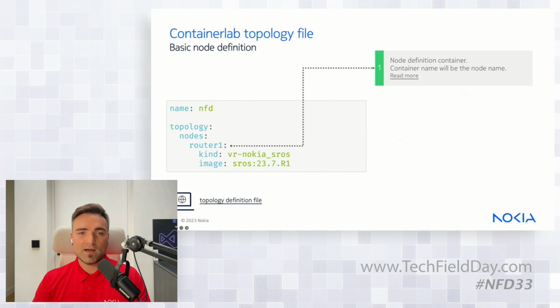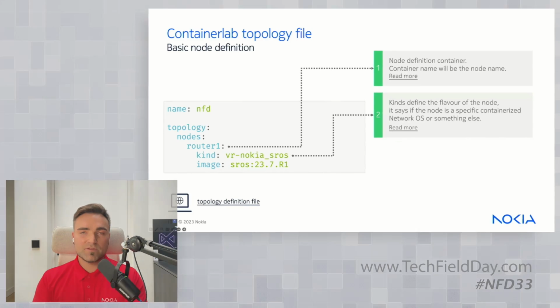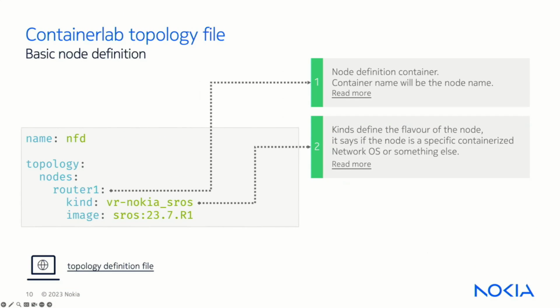When you start to define nodes, you just give the node a name. In this case, I have the name router1, and this is a freeform string. But what is not a freeform string is the kind. What you see here is the kind vr-nokia_sros, which is one of the supported network operating systems in Containerlab. You select a string from the Containerlab documentation based on what network operating system you want this node to run.